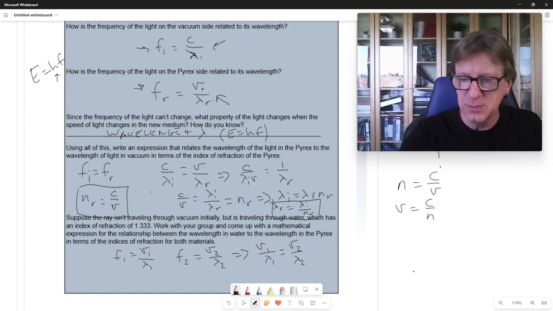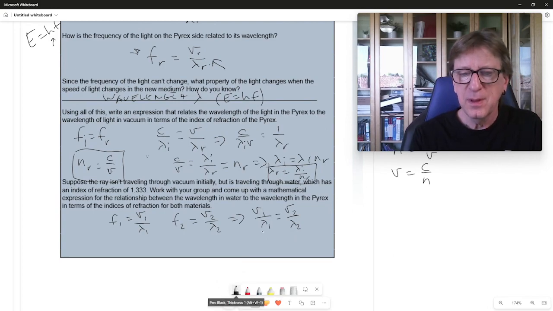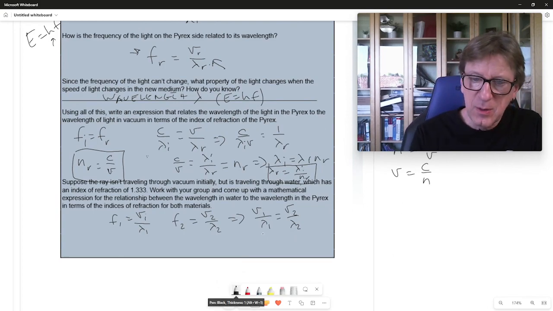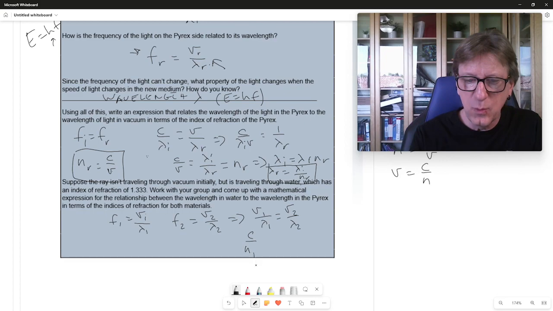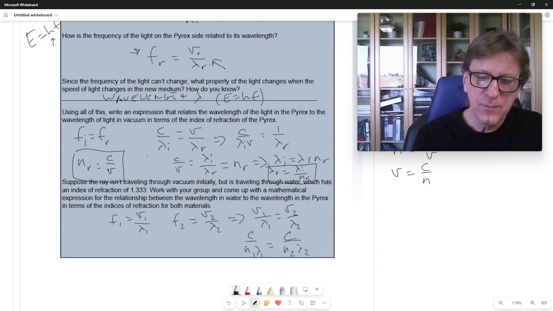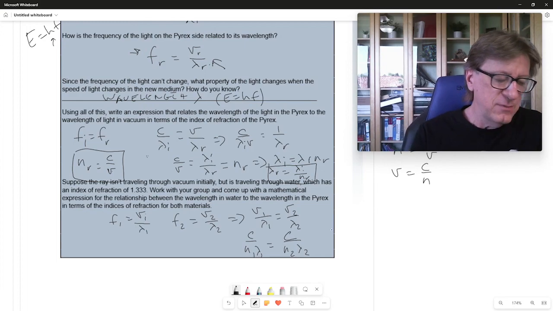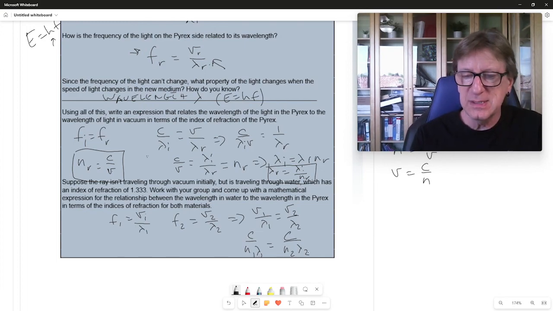Let me scroll this up just a little bit. And I will get C over N1, lambda 1, is equal to C over N2, lambda 2. Now, I can invert this. I want to get rid of these C's, right?